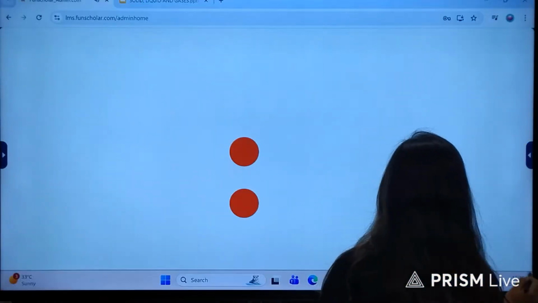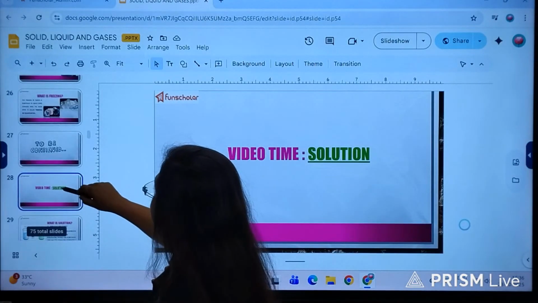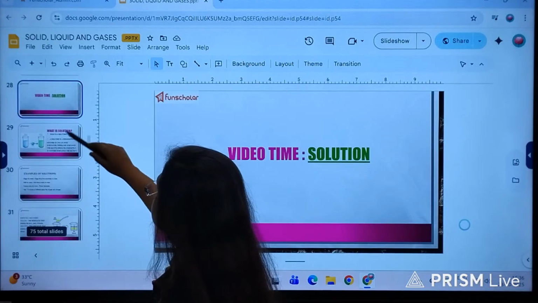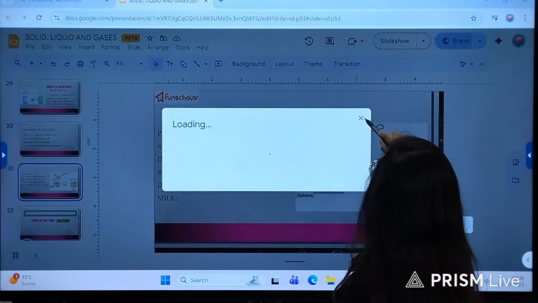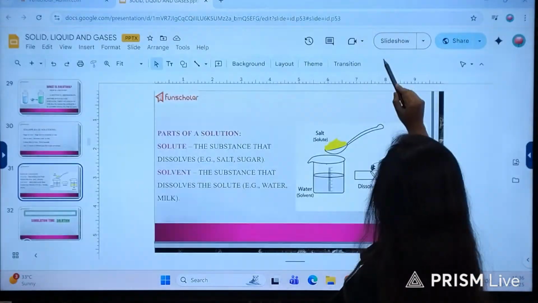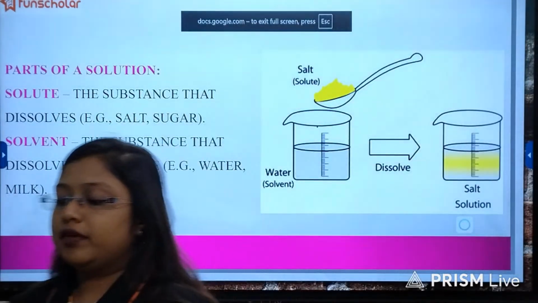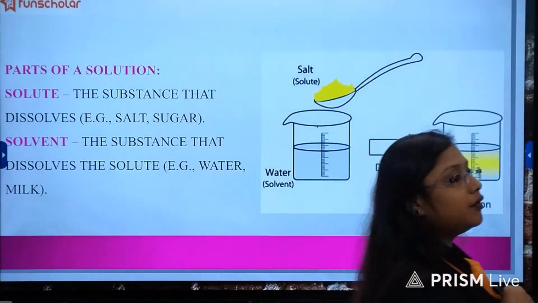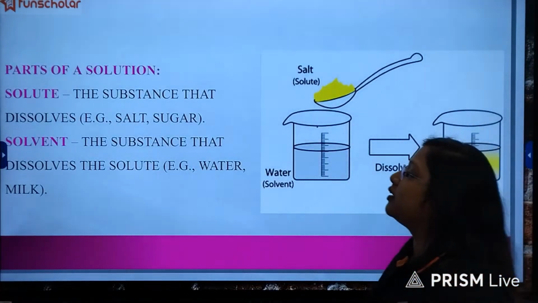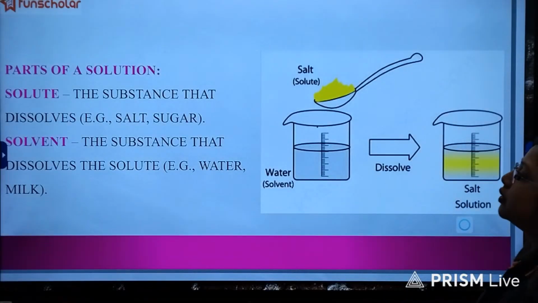So we have watched this video. So we were here. The parts of solution, we have already learned what is exactly solute or what is solvent, but let's just recap it.